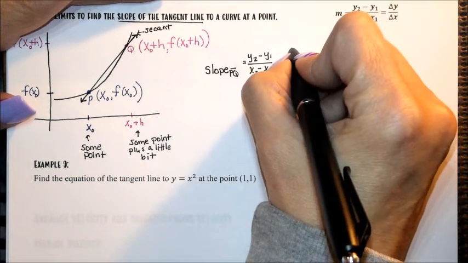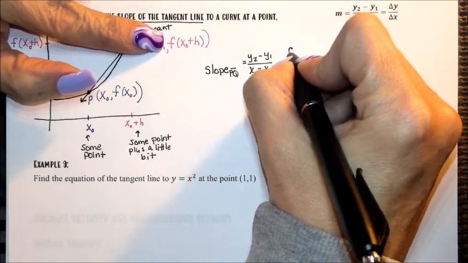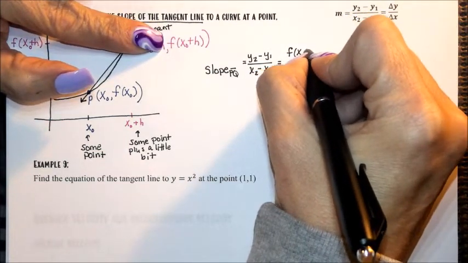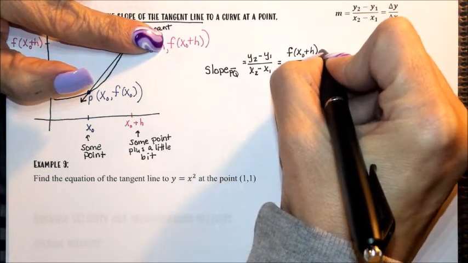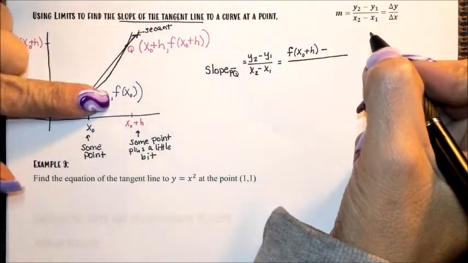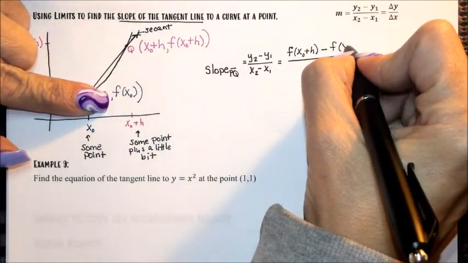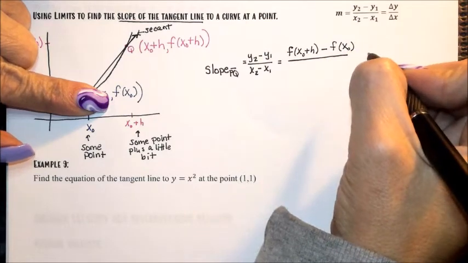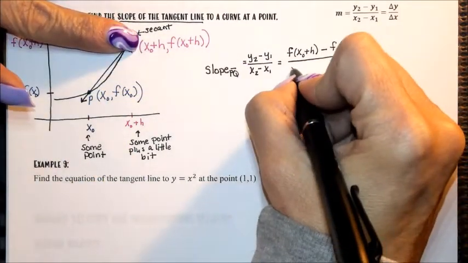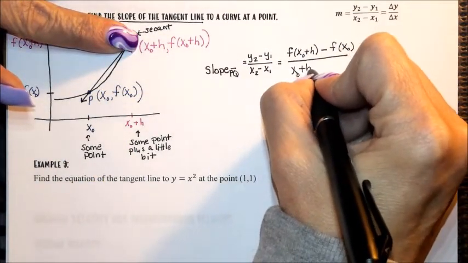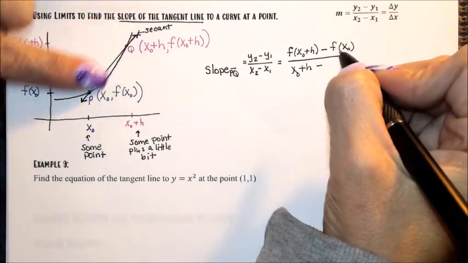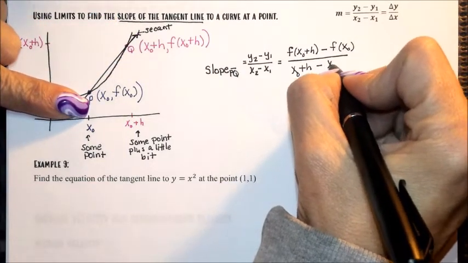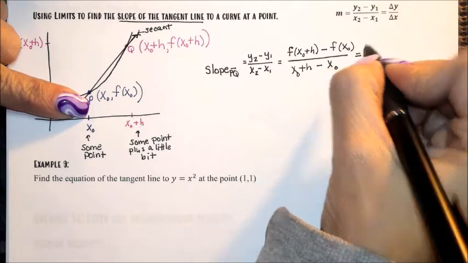Here we go. y2, f of x naught plus h, minus y1, which is f of x naught, over x2, which is x naught plus h, minus x1, which is x naught. Okay, simplify.